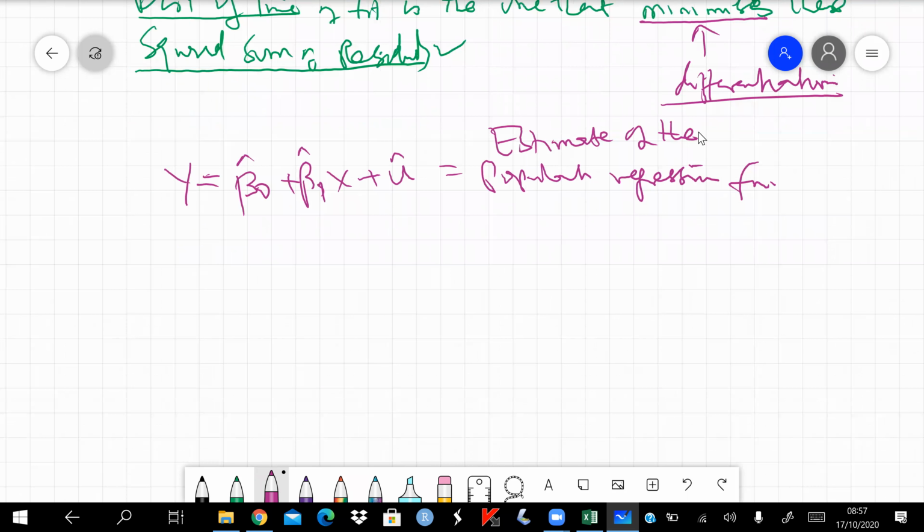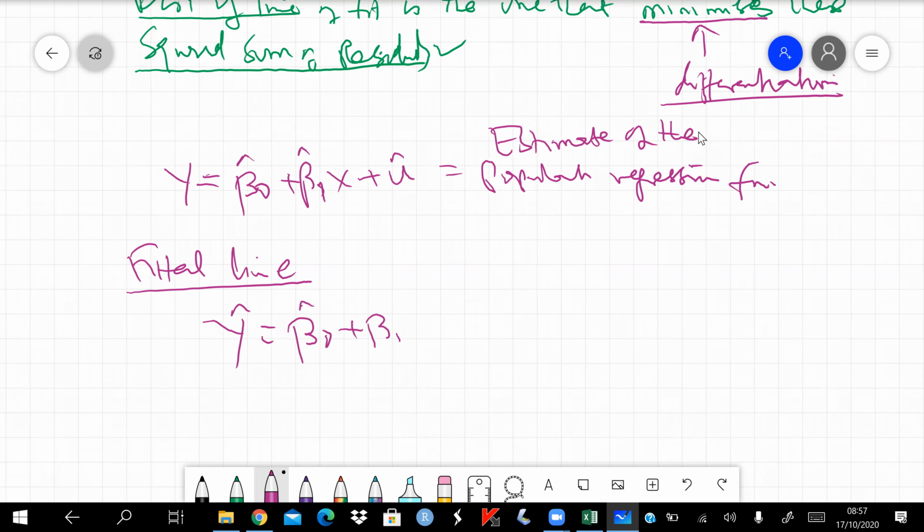Then the estimate of the sample regression function, or the fitted line, is usually given by y hat is equal to beta naught estimate plus beta1 estimate of x. There's no error.